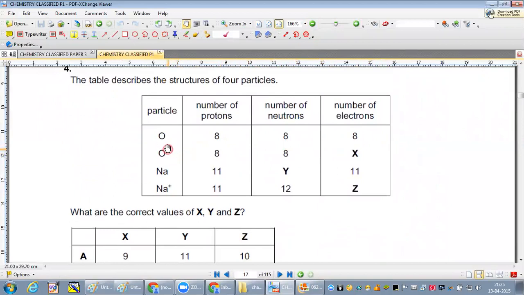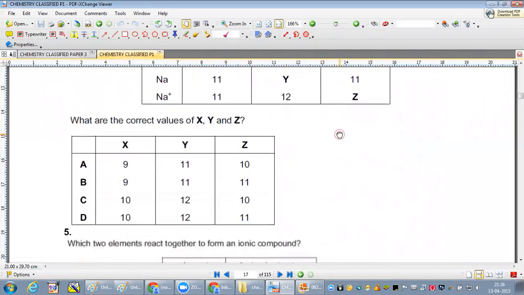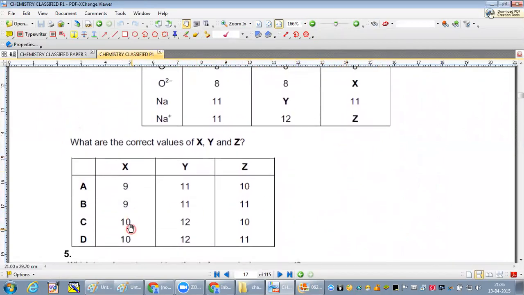It is 2-, which means this ion has 2 more electrons than protons. There are 8 protons, so there will be 10 electrons. So obviously X over here is 10. There are 2 options where X is 10.